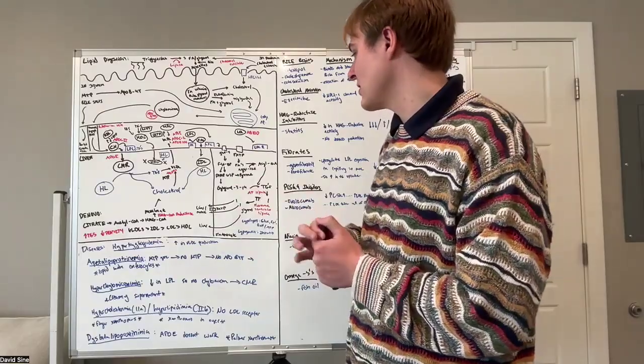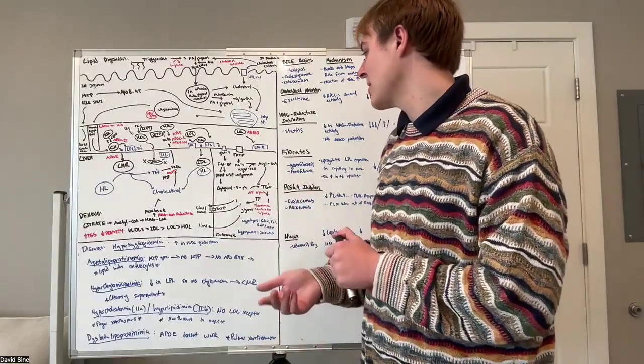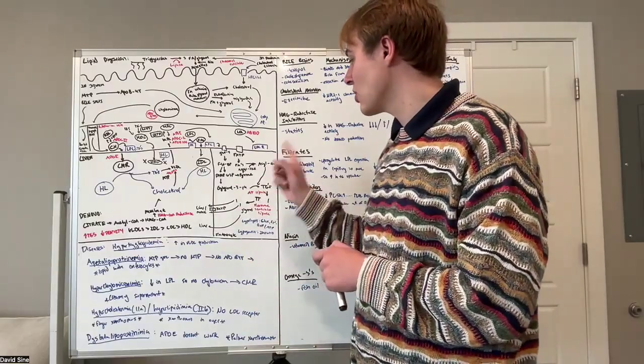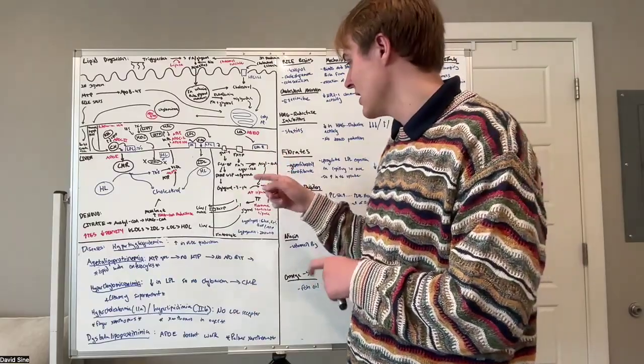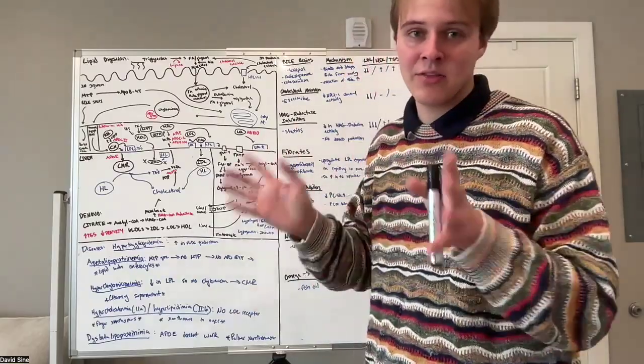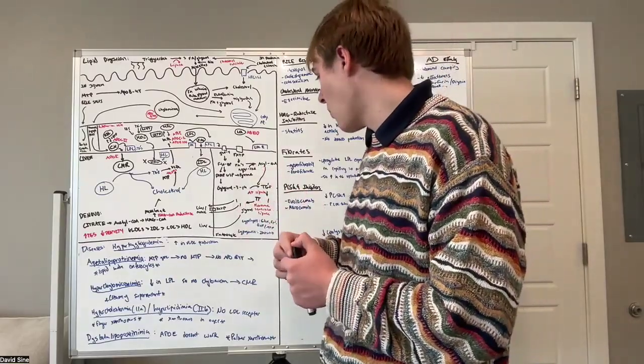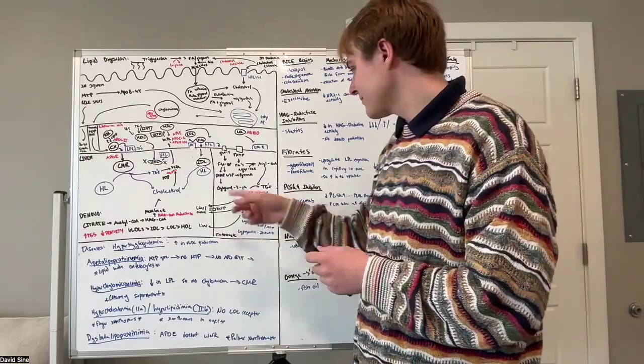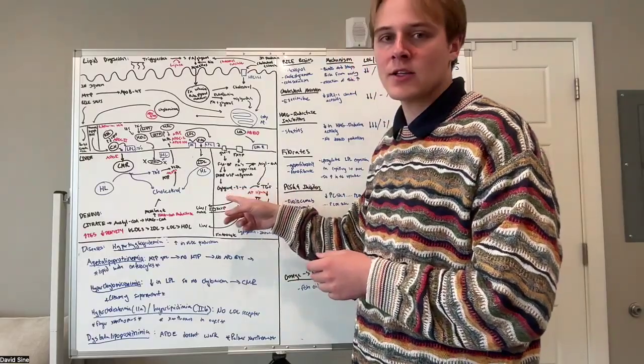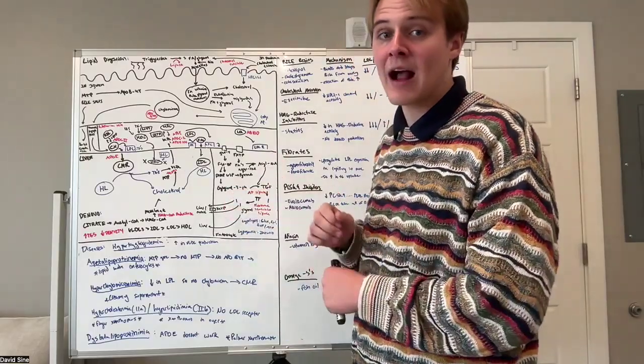The pyruvate will then be turned into acetyl-CoA, which can be combined with the acyl-CoA formed from the fatty acids. So acetyl-CoA and acyl-CoA are not the same thing. They'll be combined to form a triglyceride with the glycerol 3-phosphate, which will become kind of the new glycerol backbone.